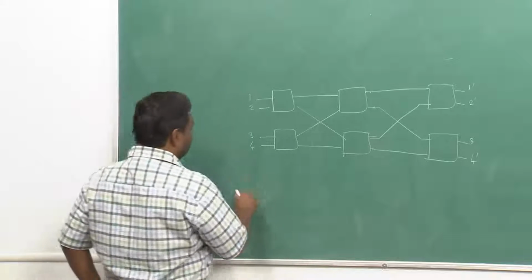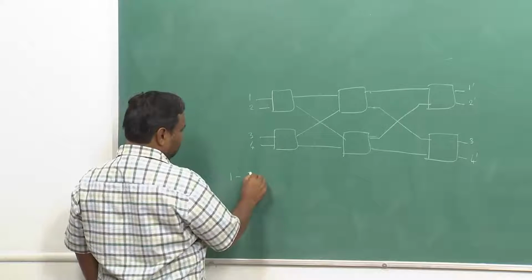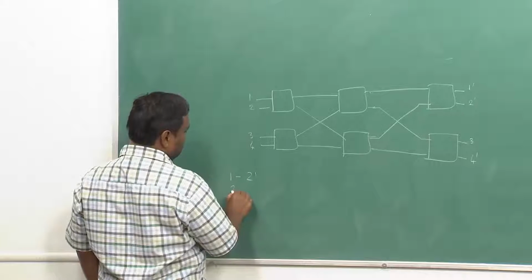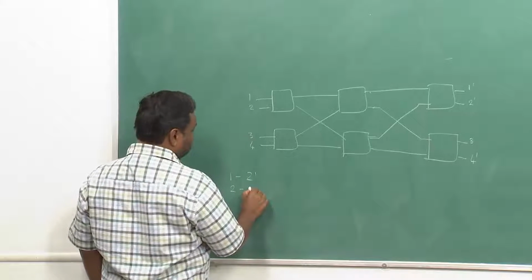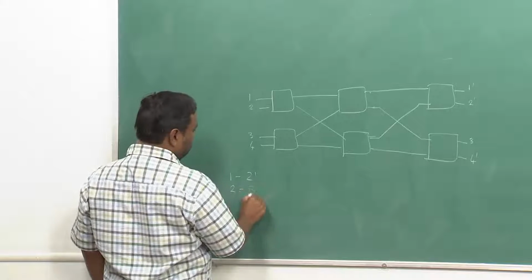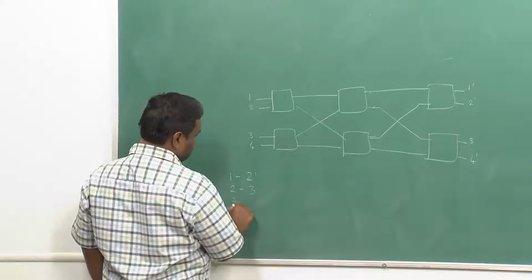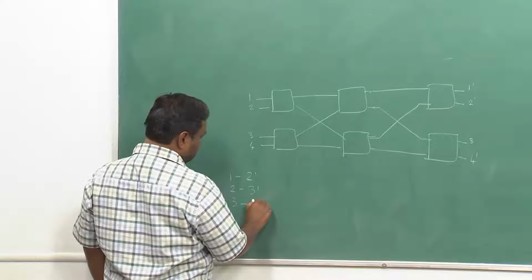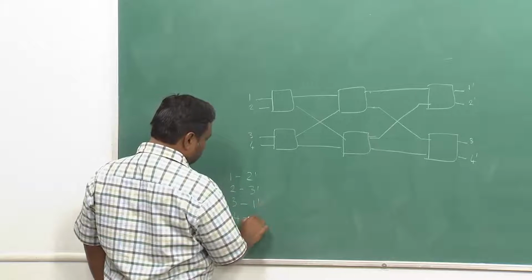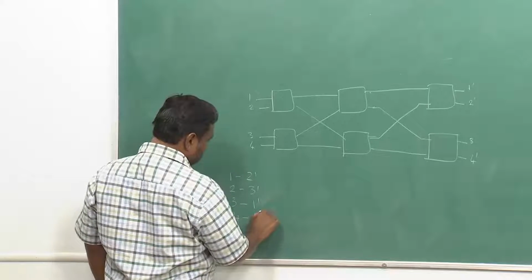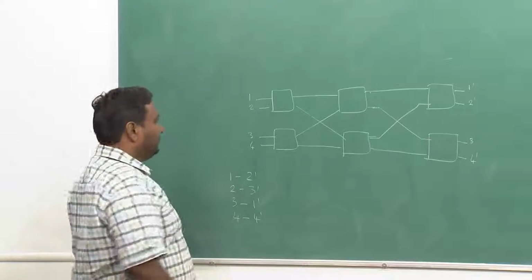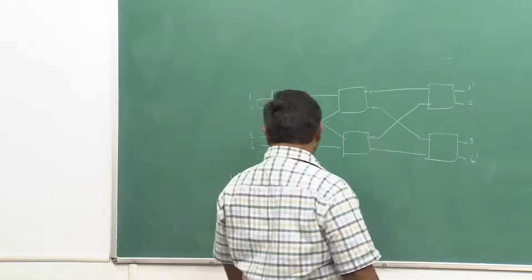So, if you want to set up connections, say 1 to 2 prime, 2 to 3, 3 to 1 prime and 4 to 4 prime, let us try it out if this is going to work out.